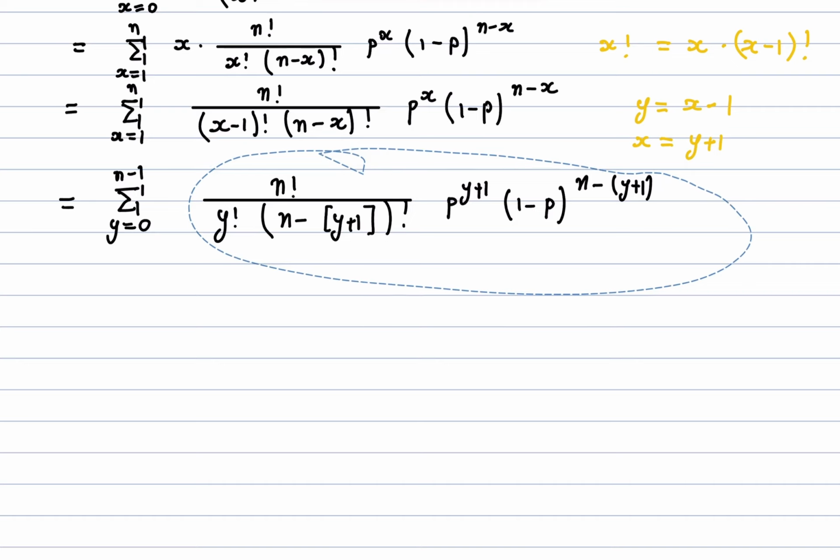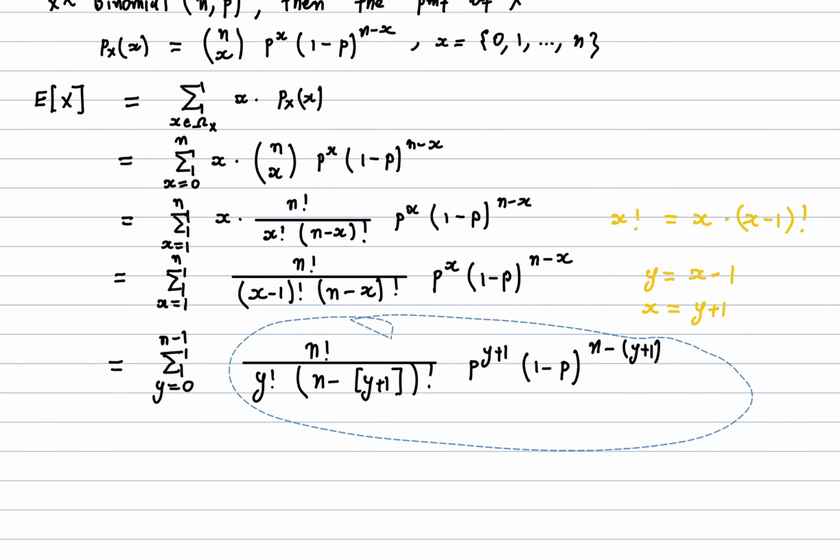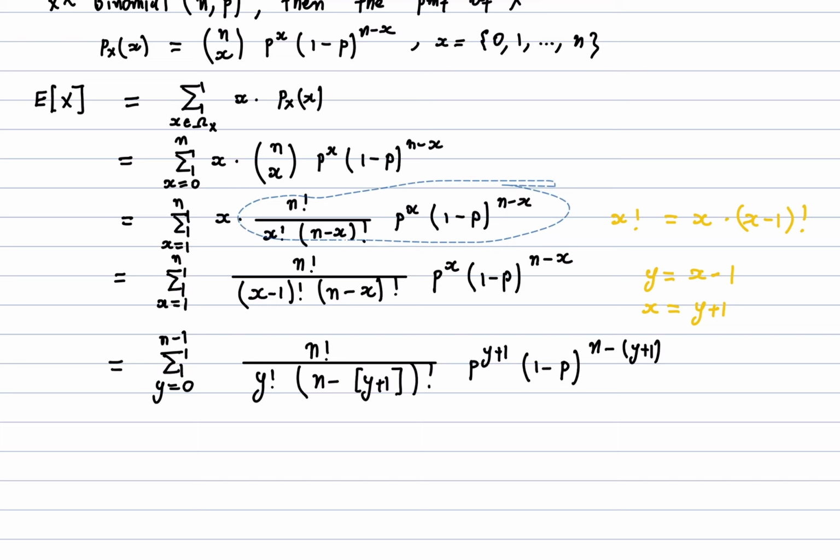another binomial random variable. So the first thing I notice is, if you recall going back up to the definition of our original probability mass function, where we had n factorial over x factorial and n minus x factorial, and p to the x and 1 minus p to the n minus x.